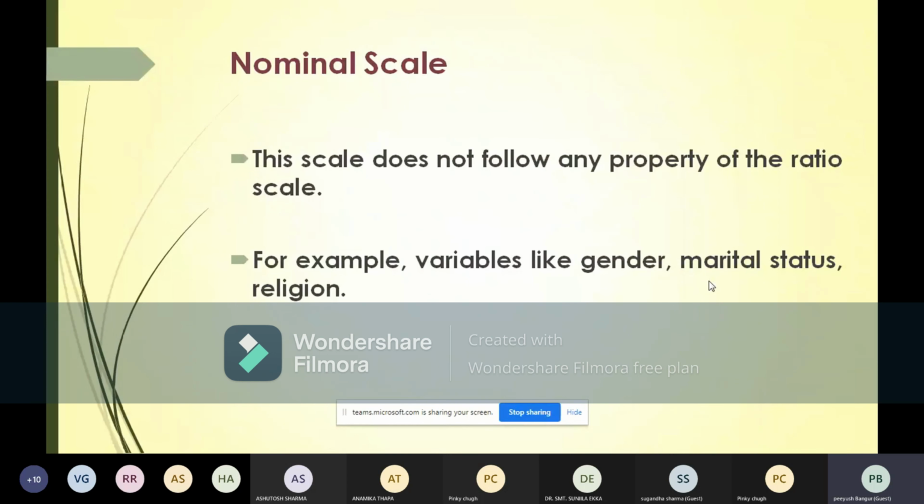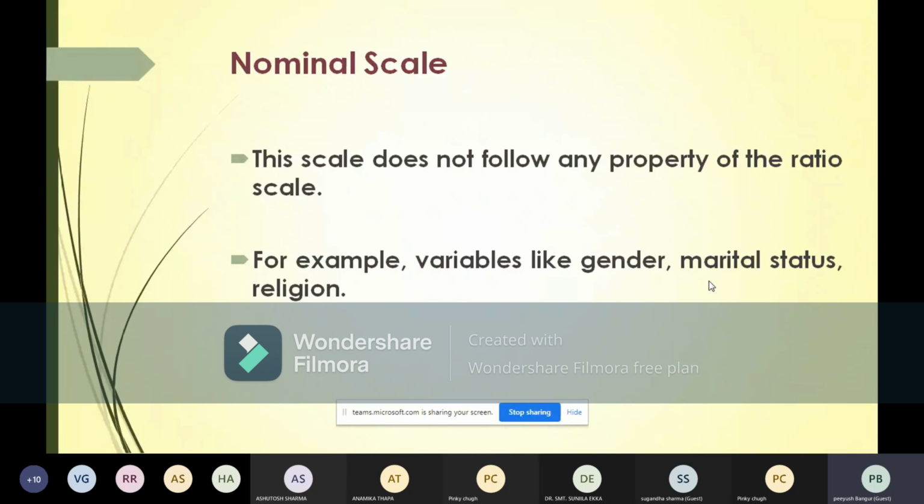Say I have to know about the data of the society, and I have to divide it into male and female population. Then what will the researcher do? They put 0 for male and 1 for female, or 1 for male and 0 for female.